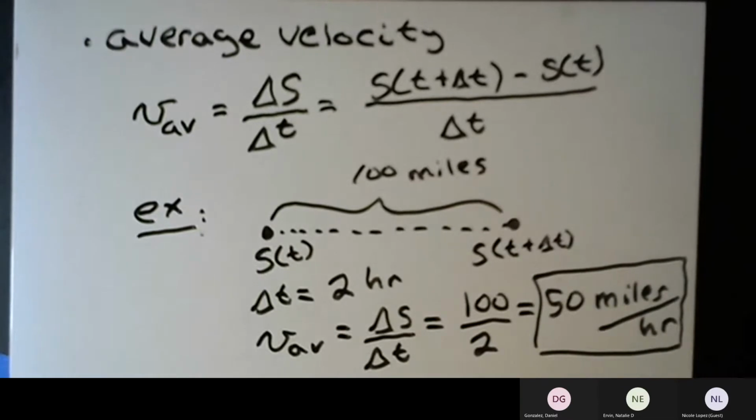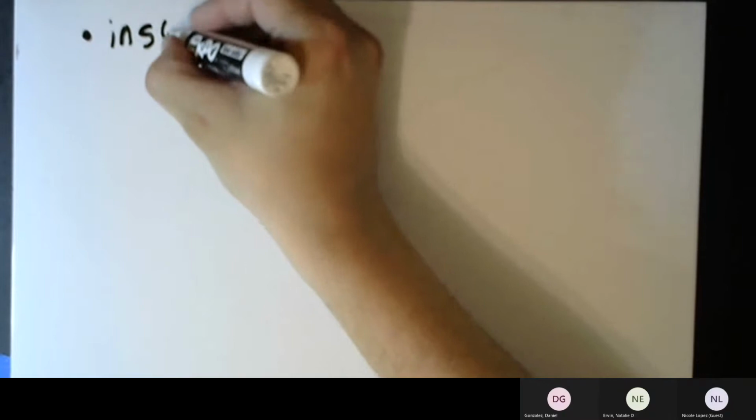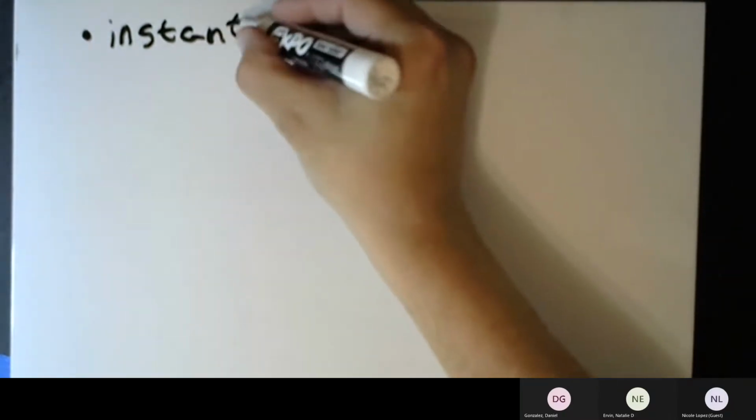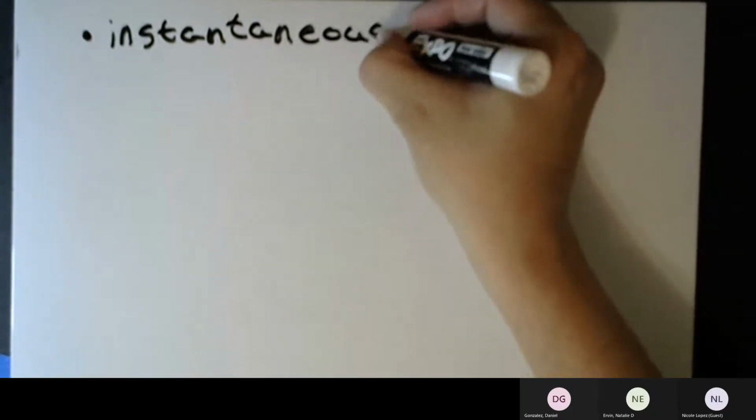So what we're going to be looking at here, our main interest, is what's called instantaneous velocity. Now, this is where we get to look at how your speed is changing as you're driving from Roswell to Vaughn.